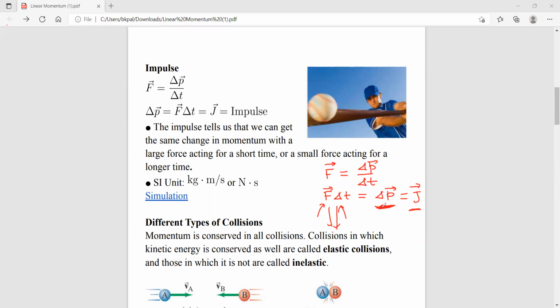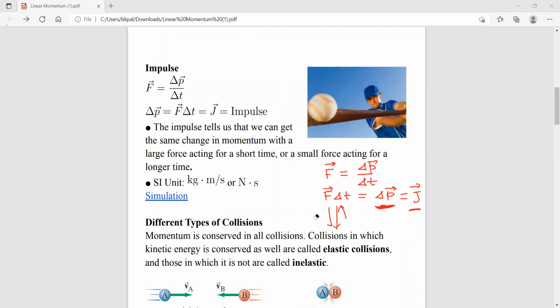By measuring the impulse, we can determine the change in momentum, or by measuring the change in momentum, we can determine the impulse. We will be doing some problems based on these.